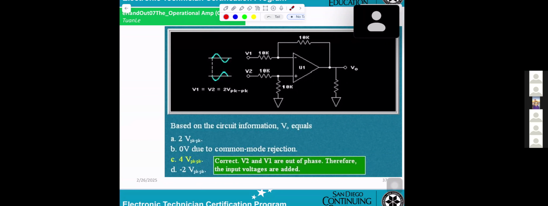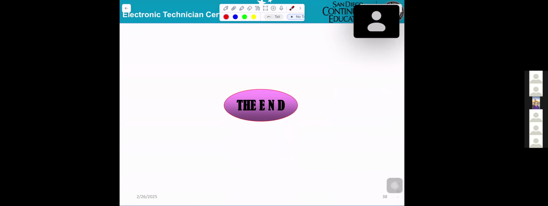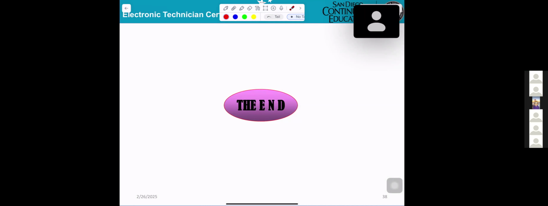Therefore, the input voltage will be added. The Vout will be V2 out minus V1 out, and minus the other minus means added. So that will be done for this time.